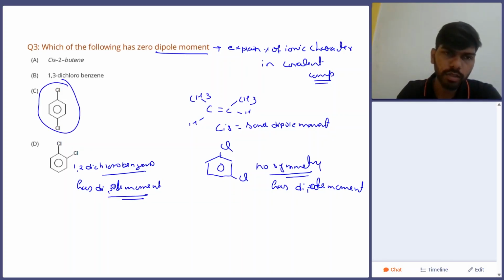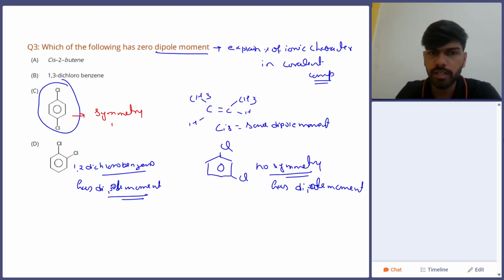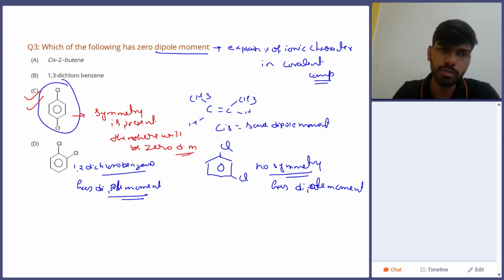Now, if you look at option C, in this option symmetry is there. If symmetry is present, then there will be zero dipole moment. So the right option is option C here.